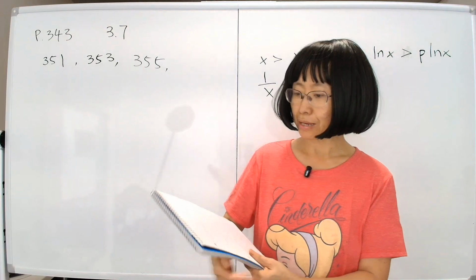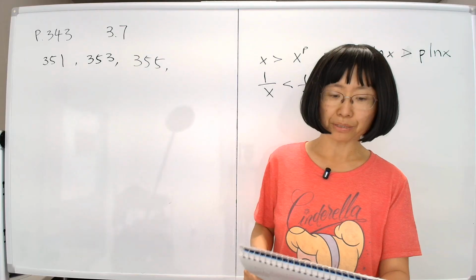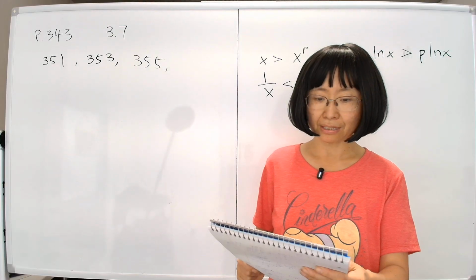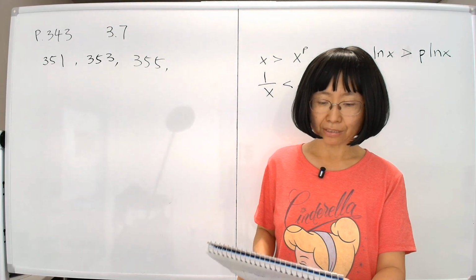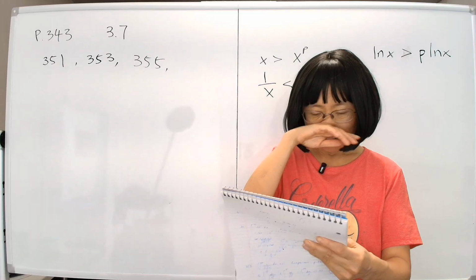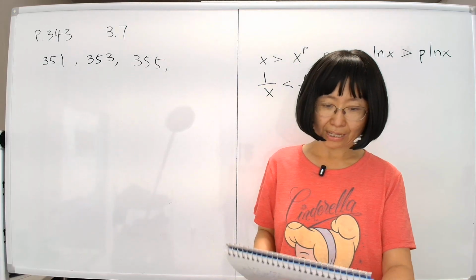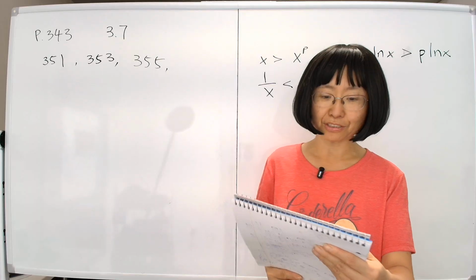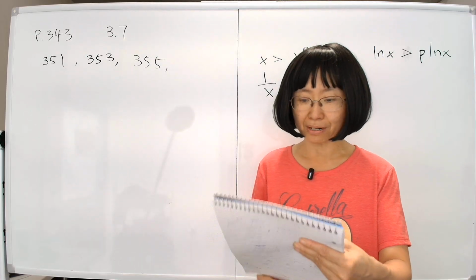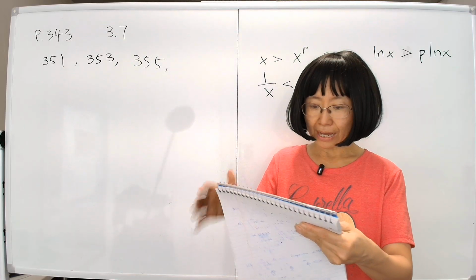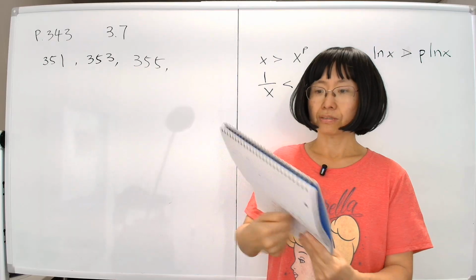Next, let's look at problem 355, where we integrate e to the minus x cosine x from 0 to positive infinity. To do this integration, when you look at it, the first thing you might want to try is integration by parts, which is what I did right here.